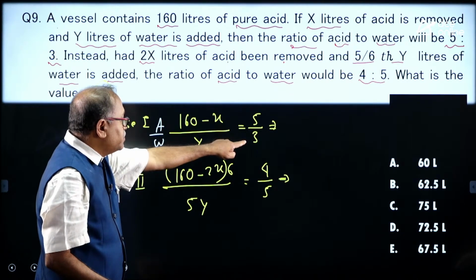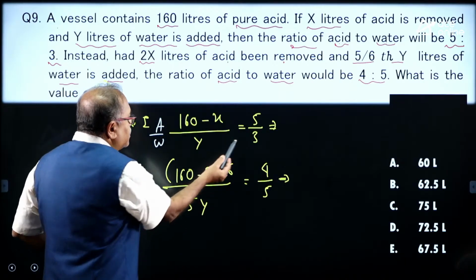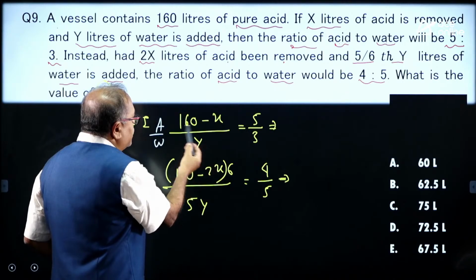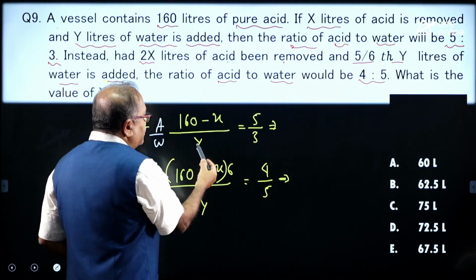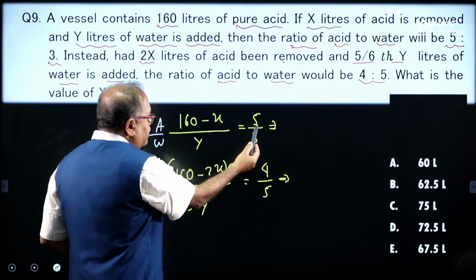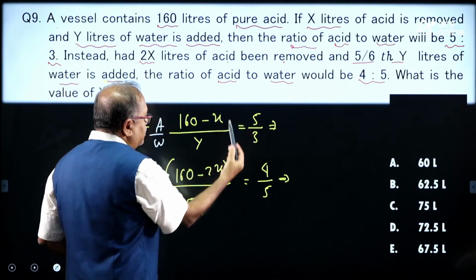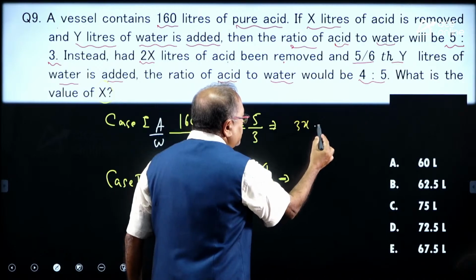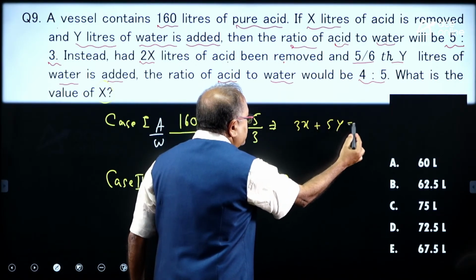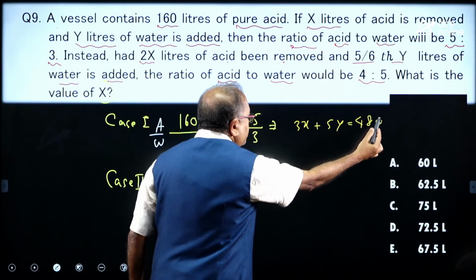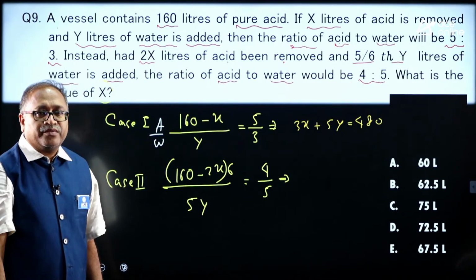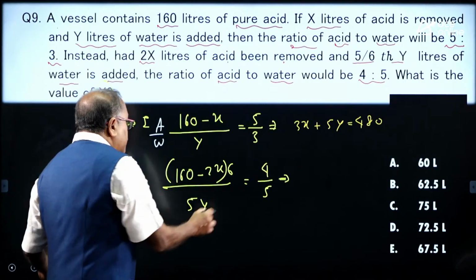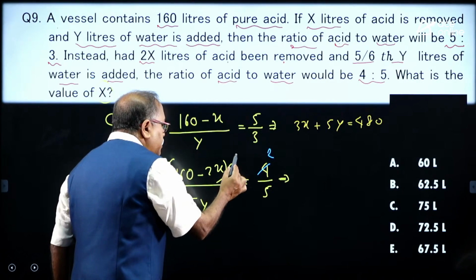So, what I notice over here is that 160 times 3 is 48, will be equal to, that comes 5y plus 3x. So, let us take that this is 3x plus 5y, which is equal to 480. Correct me if I am wrong, because I am doing all the mental calculation. So, here this is 2 times and this is 3 times.